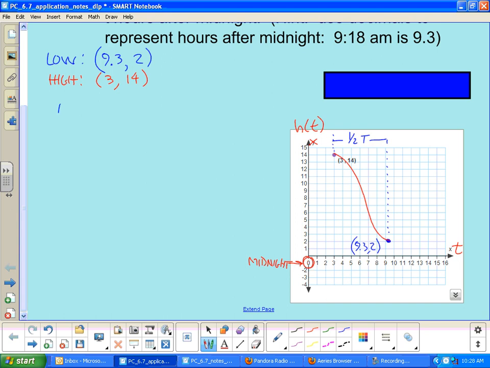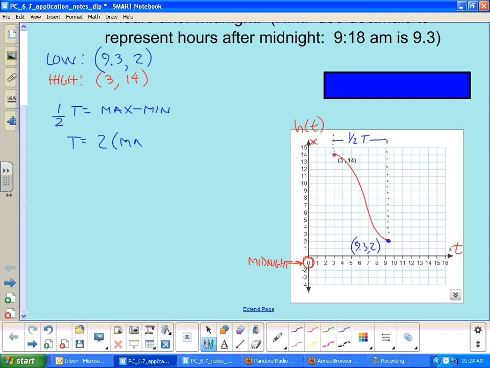These are the x coordinates here. Why don't we just say P, not T, is equal to twice this difference. So this is how you can always find period if you know the max and min values.